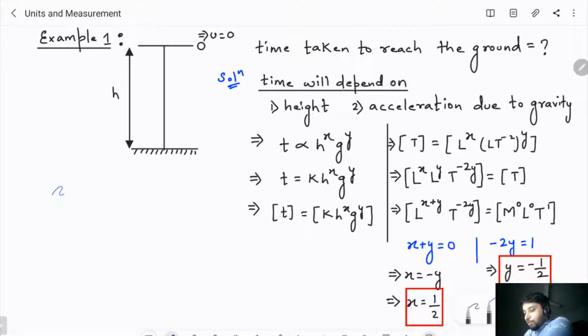So the formula will be the time t will be equal to some mathematical constant k into h to the power 1 by 2 and g to the power minus 1 by 2.